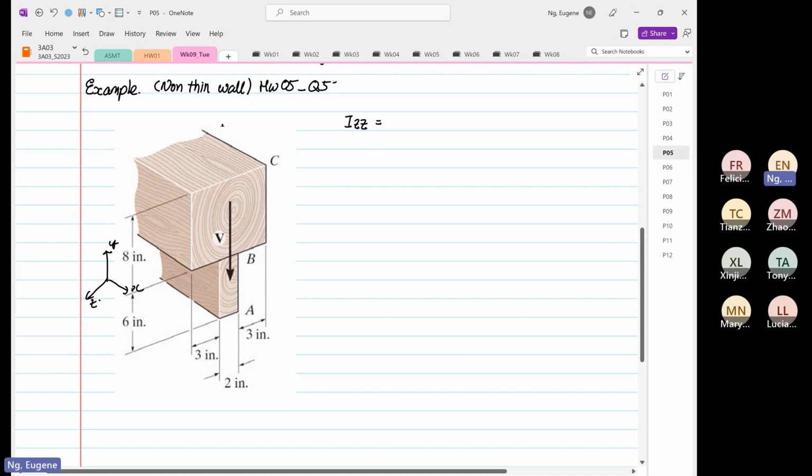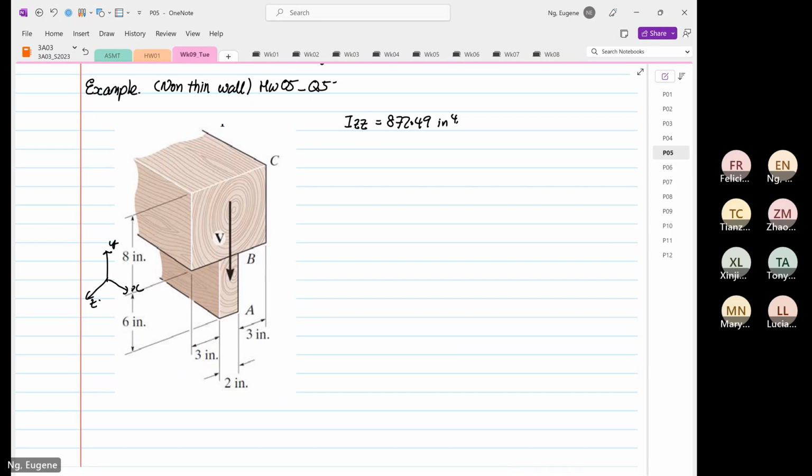I_zz is 872.49, and then the Y bar is 5.0153.